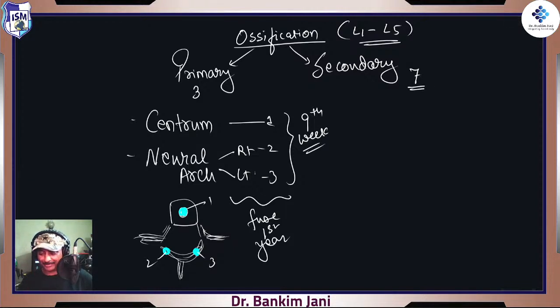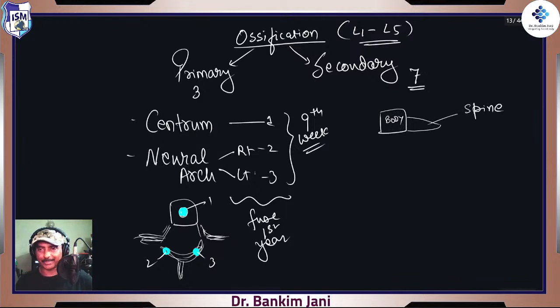Now in order to remember that, we need to take support of the figure, otherwise it is very easy to forget. So let's draw the vertebra from the side. This is the body, and that's the spine, or spinous process.